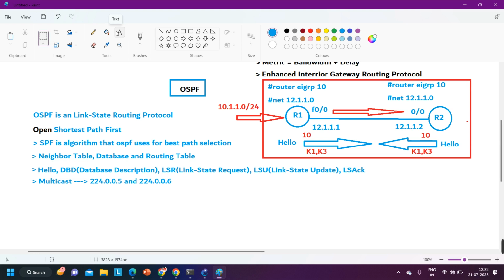So to run the OSPF routing protocol, or any good routing protocol, you have to purchase good hardware as well. What do I mean by hardware? Routers, switches, wherever you want to configure this routing protocol. So the router should have good memory.